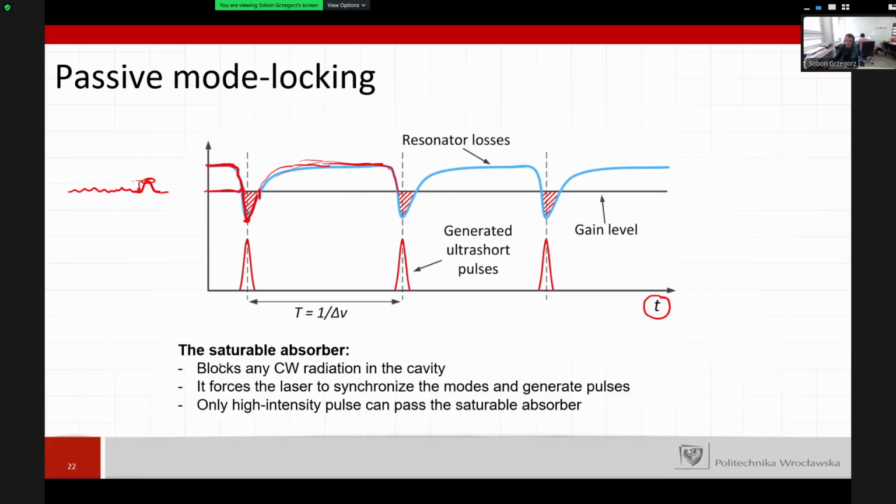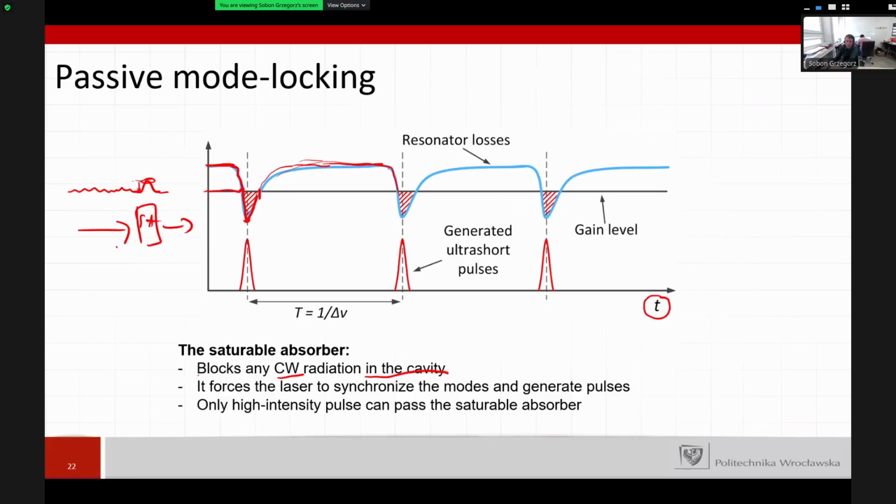Generally, the saturable absorber will block any continuous wave radiation which is present inside the resonator, which generally means that this saturable absorber will force the laser to synchronize the modes, because there is no other way to pass through the saturable absorber if the phases are not synchronized.